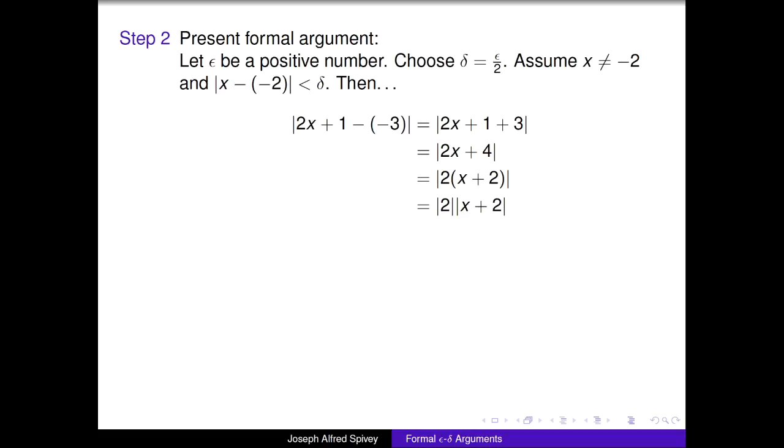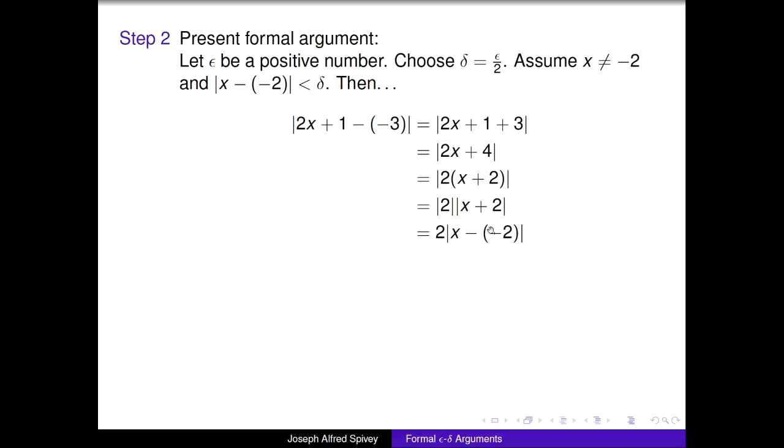And now I'm going to rewrite x plus 2 as x minus negative 2. The reason I want to rewrite this as x minus negative 2 is that way it looks more like my original assumption. It really needs to look like x minus a. So I'm going to rewrite x plus 2 to make it look like x minus something. In this case, it's x minus negative 2.